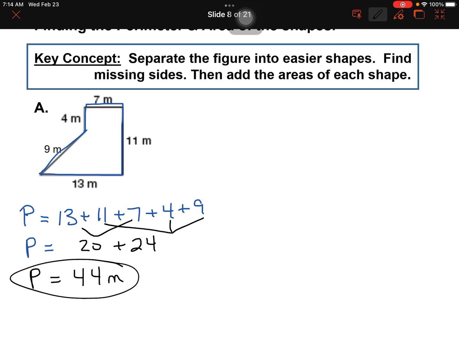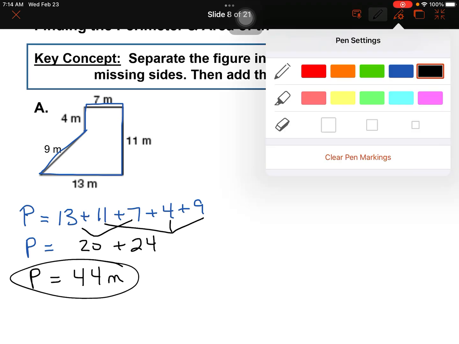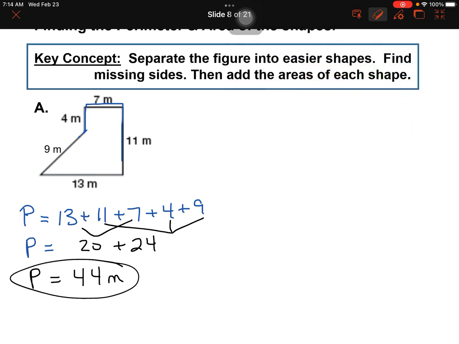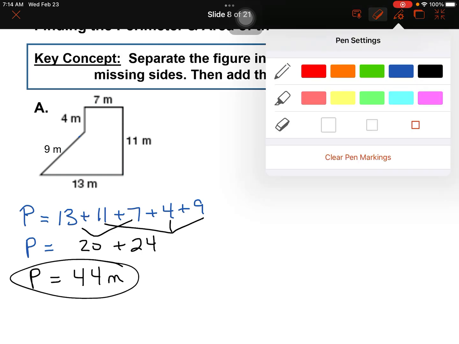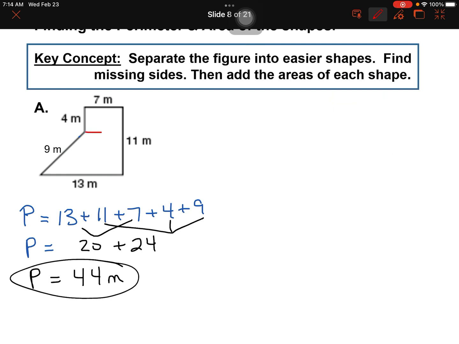Now, as I look at this shape, there are 2 ways to look at it. This is where it gets challenging for some students. So I'm going to draw a couple of different options. Some students will see it this way, and if you did that, you break it into a rectangle up on top and then a trapezoid, and you would have to add those together.